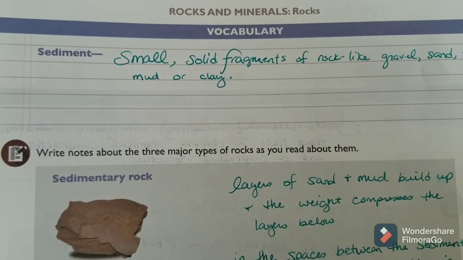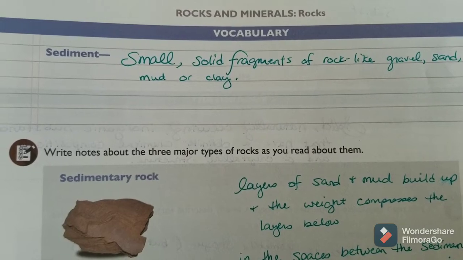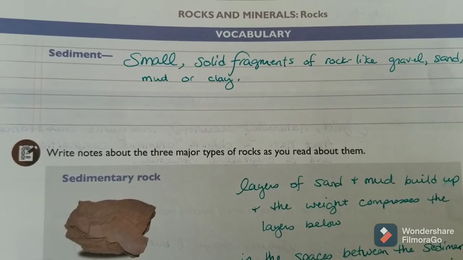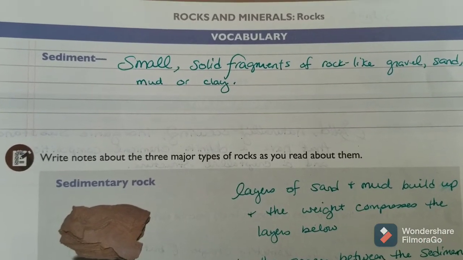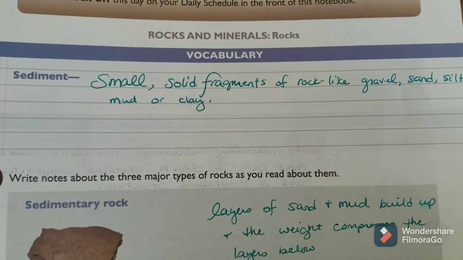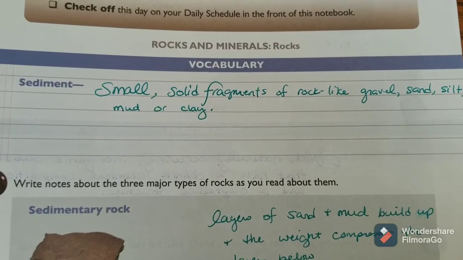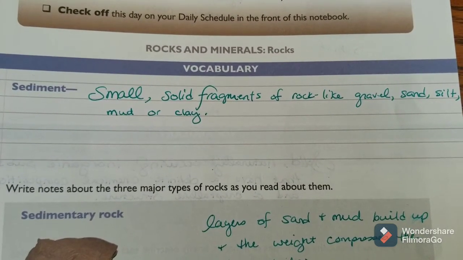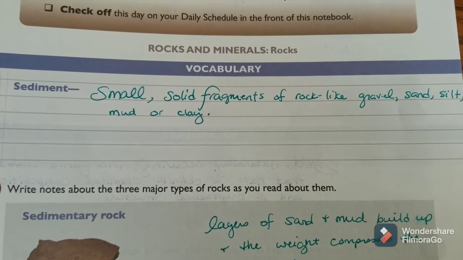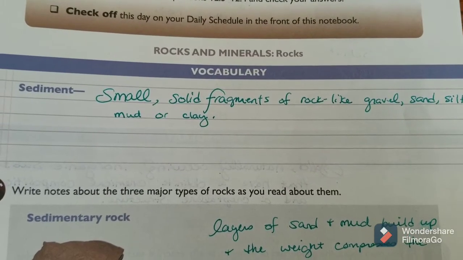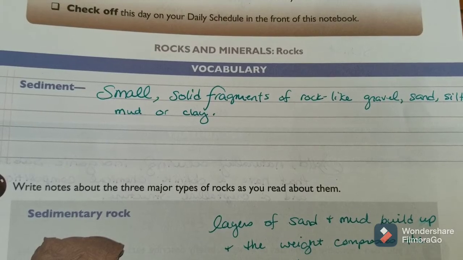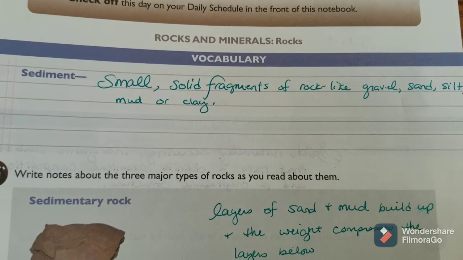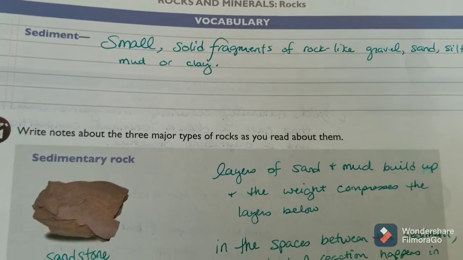And just dug down with your hand and picked up some of the sediment that's sitting there. You're going to see in it tiny little bits of gravel, sand, silt, mud, clay, all in there. And it loves to sit beside a creek or even a river, and that's sediment.